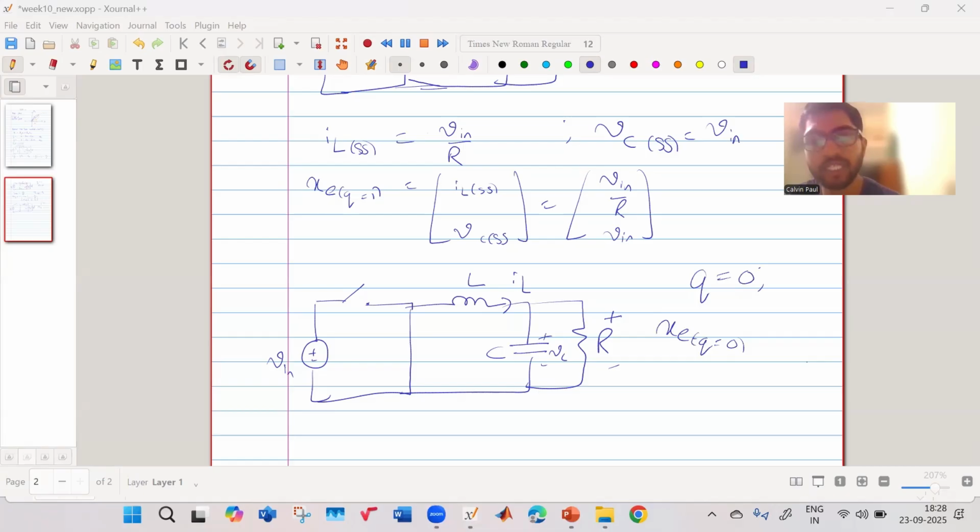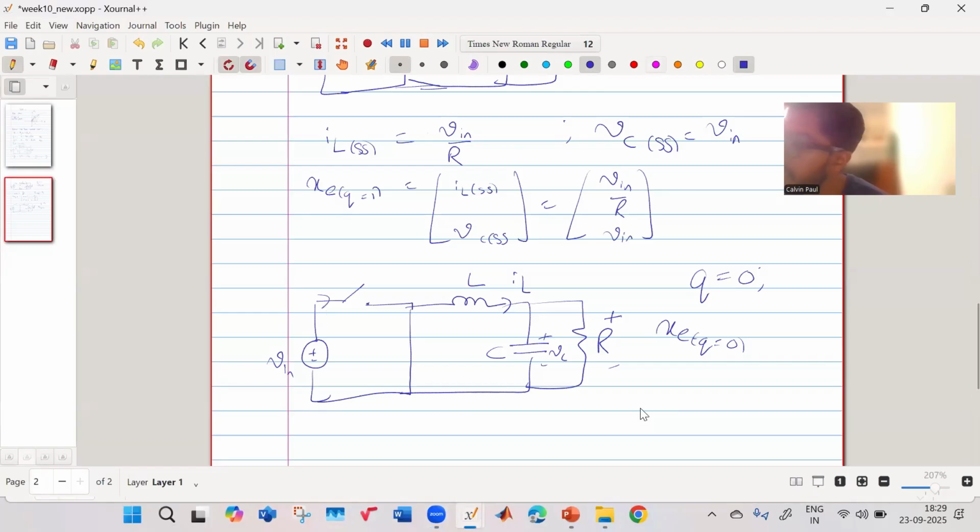Okay, Joshi, V0 by R is IL steady state, but what will be your V0 in this case? Will any current be coming from your input side?